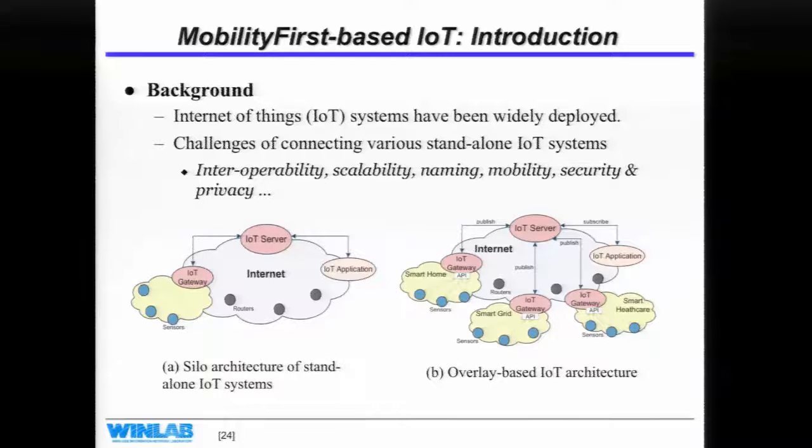First, with the merging of control and data forwarding, the central IoT server is a bottleneck and brings scalability concerns. Also, the central IoT server is a single point of failure. And this architecture cannot support mobility very well, which is really a desirable feature we would like to have.